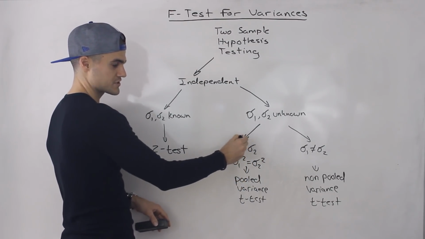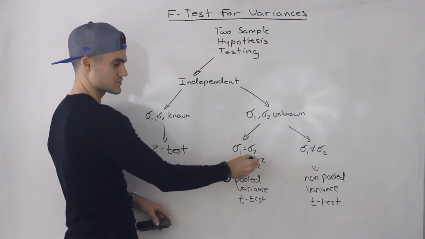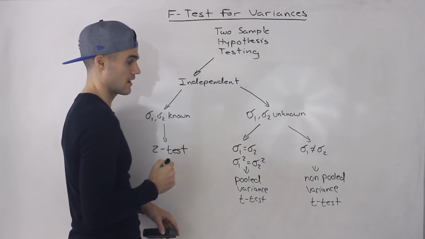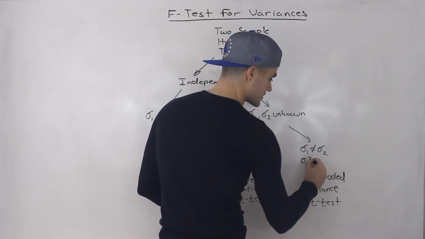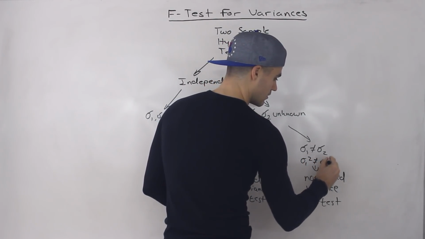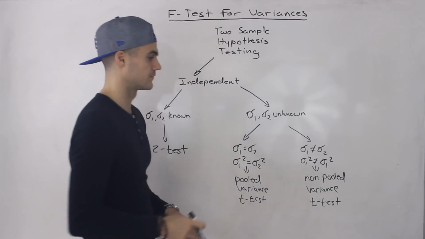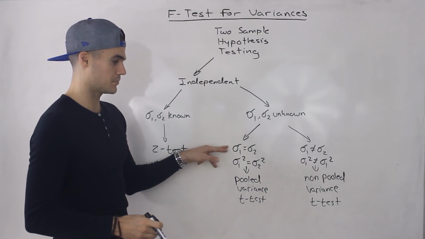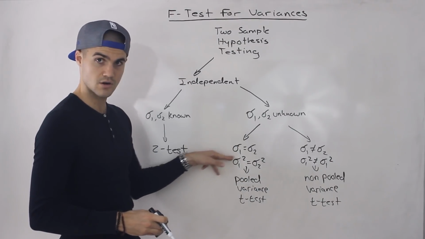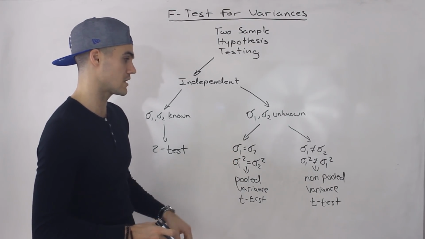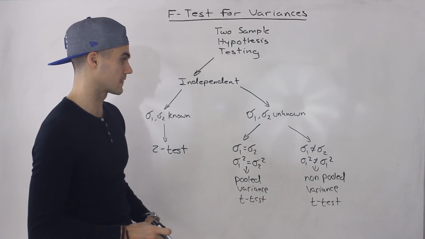You could either square both sides here to get to here, or you could square root both sides to get to there, right? And same thing here. Population variances are unequal, right? So whether they tell you the population standard deviations are assumed to be equal or the population variances are assumed to be equal, they both mean the same thing.